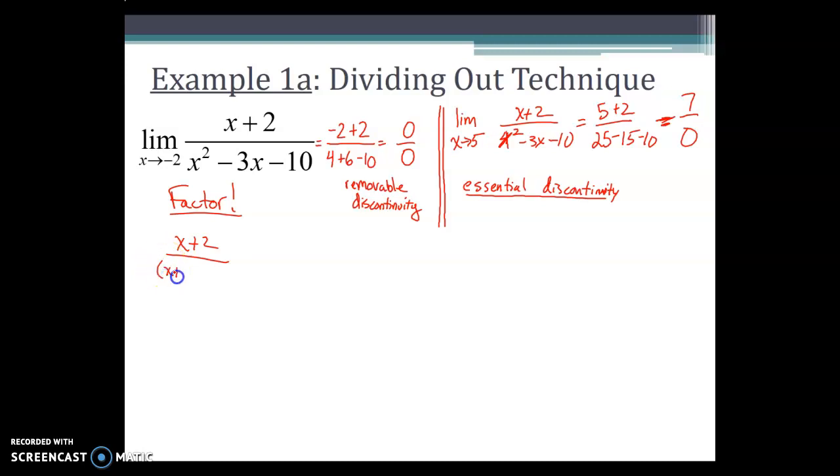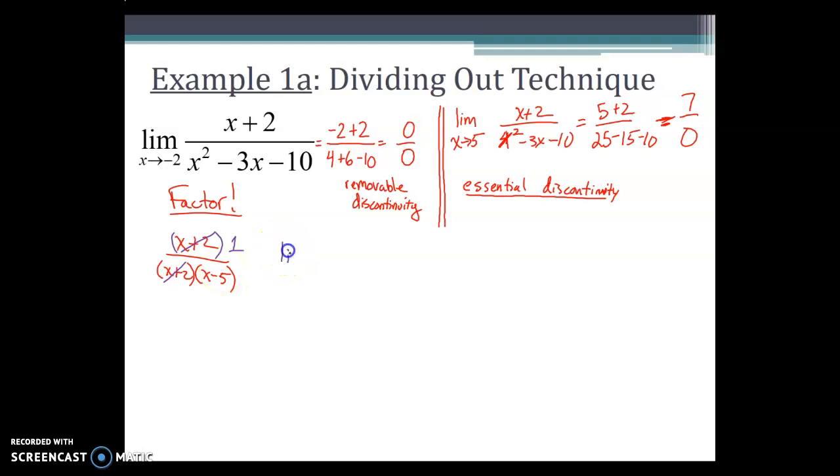So what you're going to get is x plus 2, x minus 5. What happens next? Well, the x plus 2 on the top divides out the x plus 2 on the bottom, leaving only a 1 in the numerator. So now what we have is 1 over x minus 5.